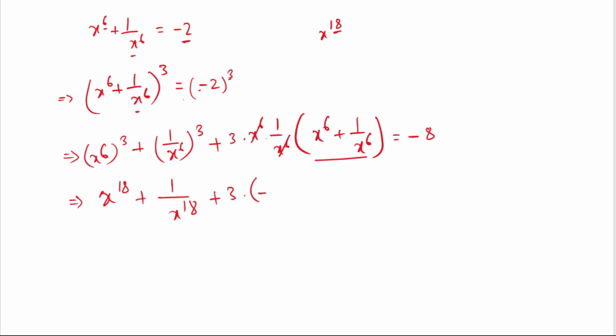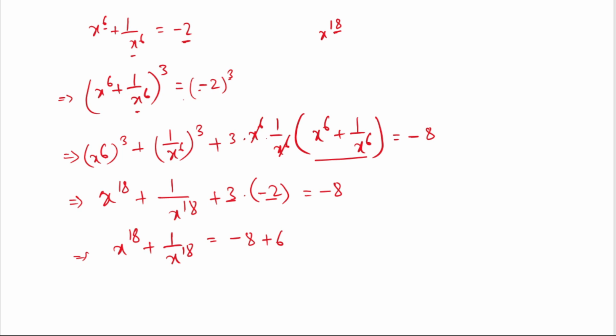So it is multiplied by negative 2, that is equal to negative 8. I will simplify it. We'll keep x¹⁸ + 1/x¹⁸ equal to negative 8, and this value will be 3 times negative 2, which is negative 6, and this 6 will go to the right hand side, so it will be plus 6.